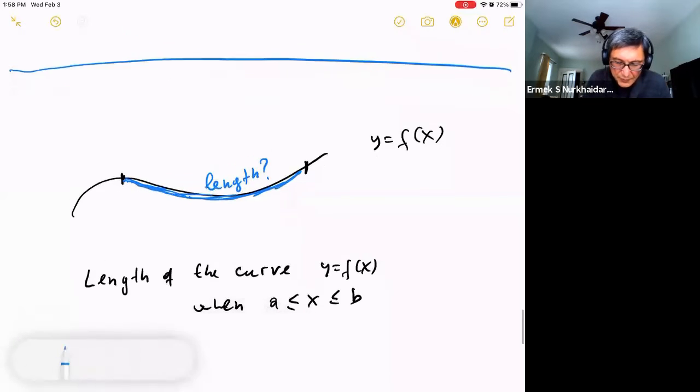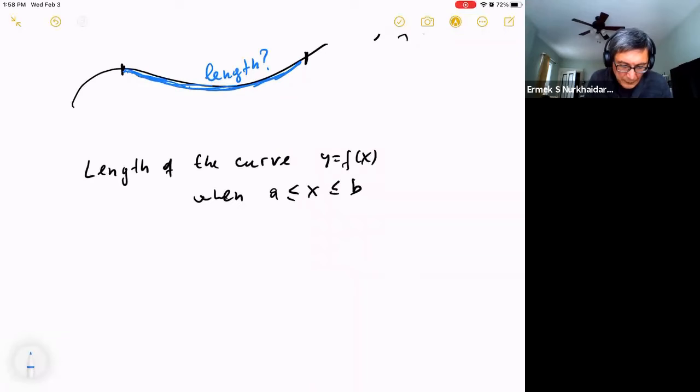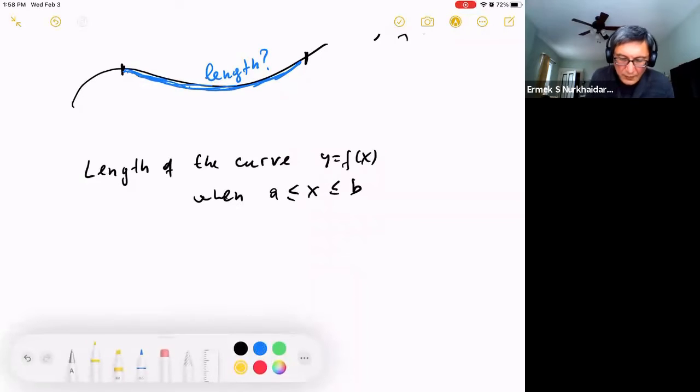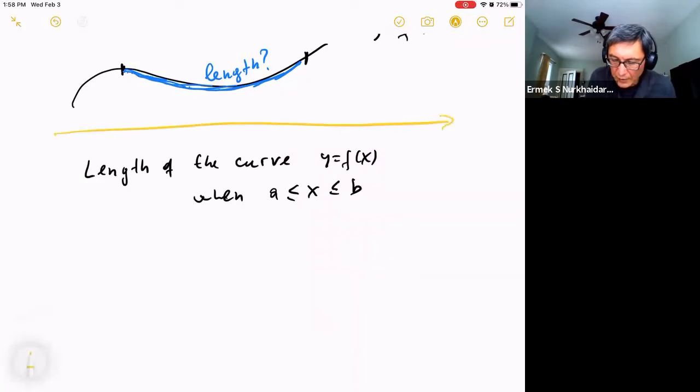What we'll do is the following. Somewhere on the bottom here, we have our x-axis, right? So x equals a, and x equals b here. Then we're going to divide that interval into small subintervals, find delta x.